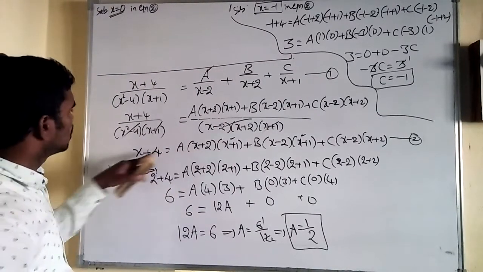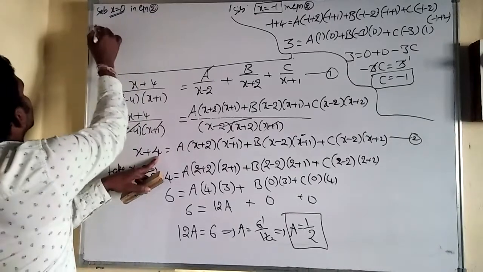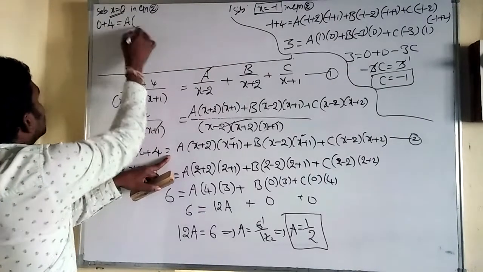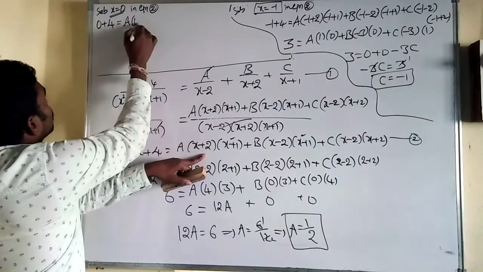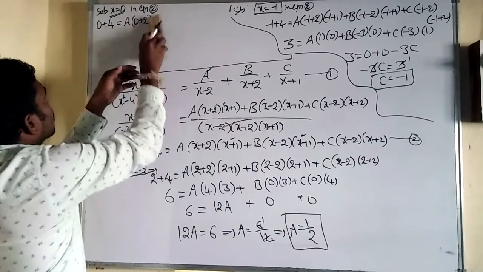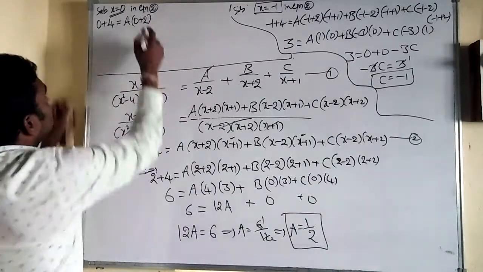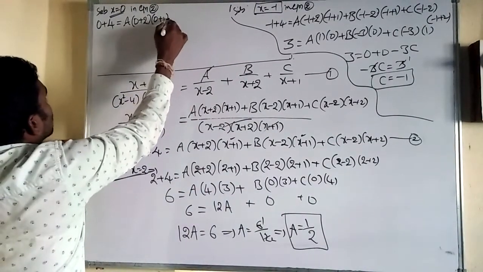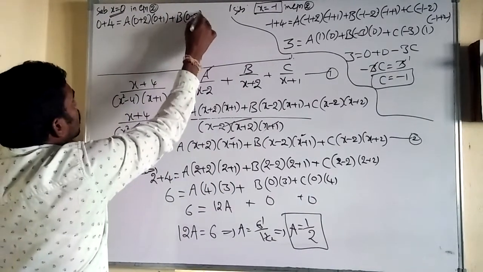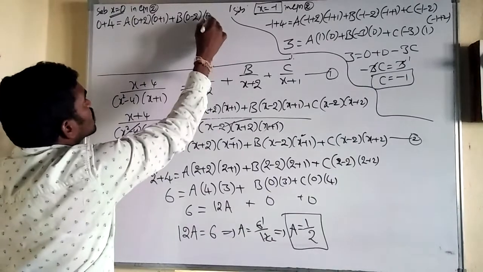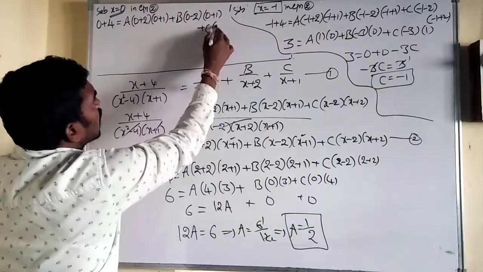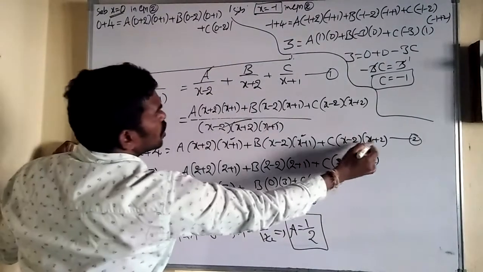So it will become what? 0 plus 4 is equal to a into (0 plus 2) into (0 plus 1), plus b into (0 minus 2) into (0 plus 1), plus c into (0 minus 2) into (0 plus 2).